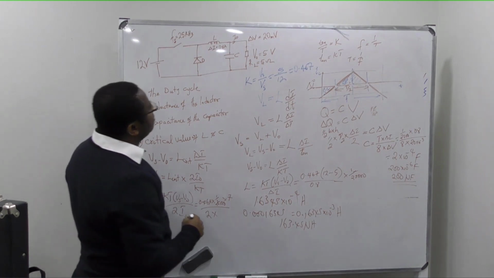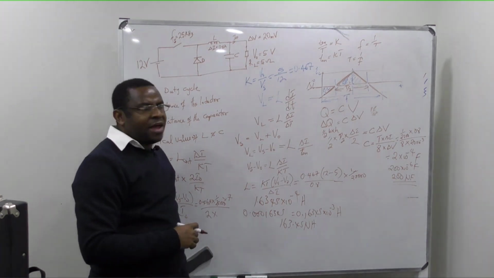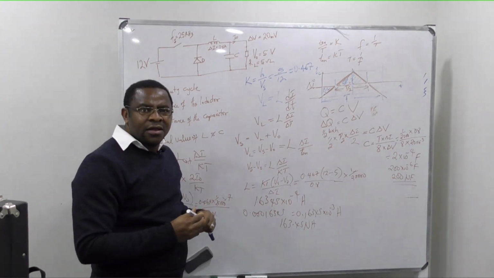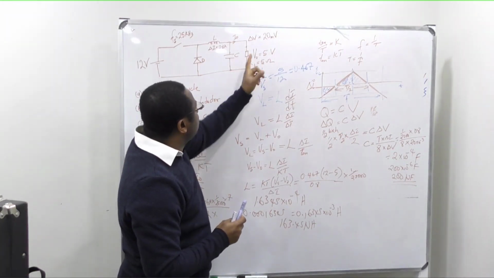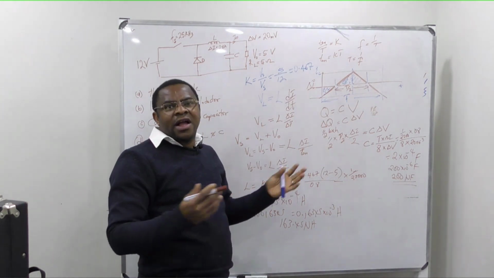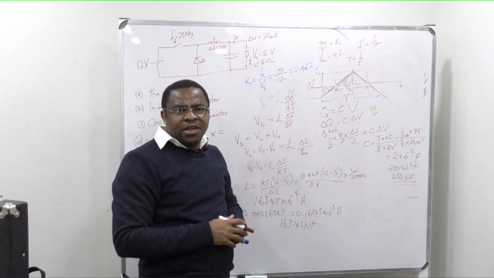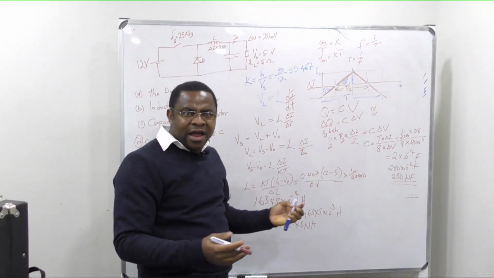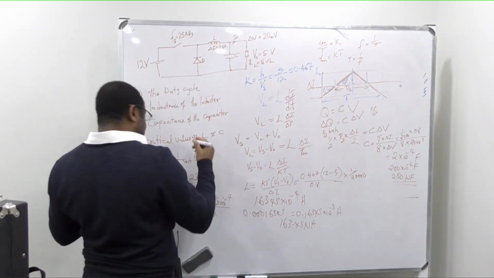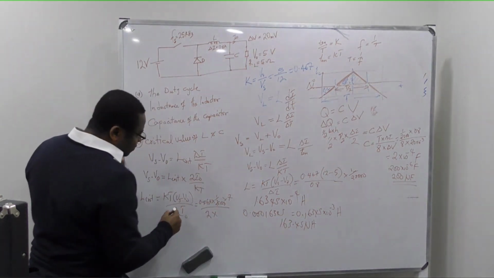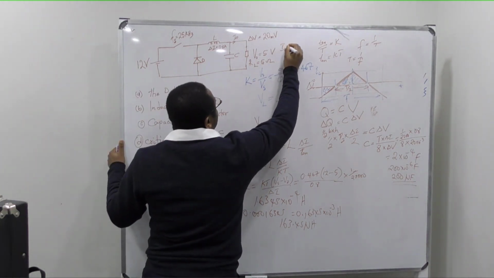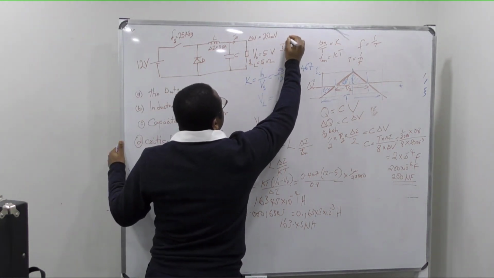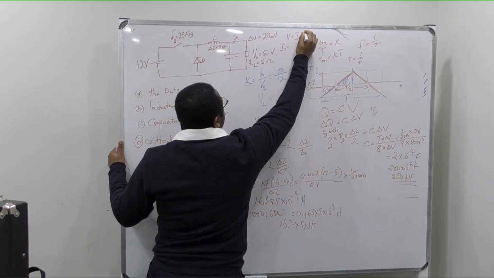Don't you check your IO? Is there any IO there? I don't see any IO there. So you must look for a way to calculate your IO. The resistance is given, VO is given, so you can calculate IO. V equals IR, right?